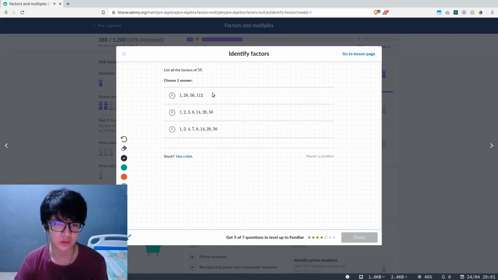Please solve the factors of 56. 28. Yeah.